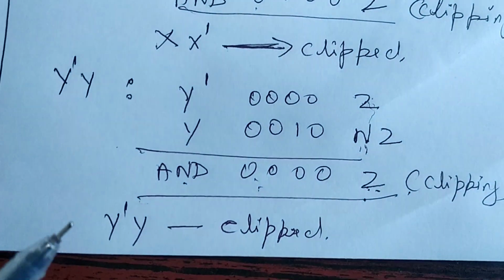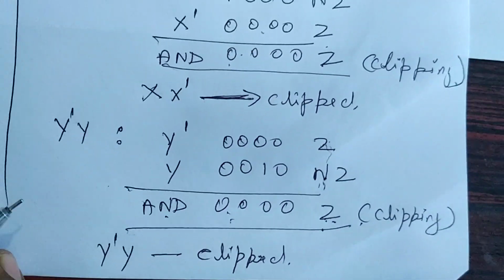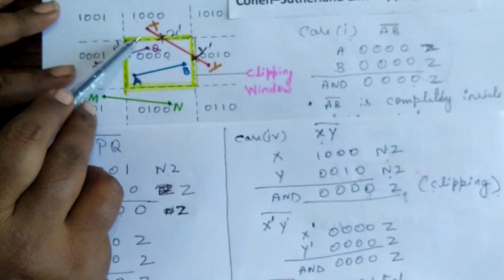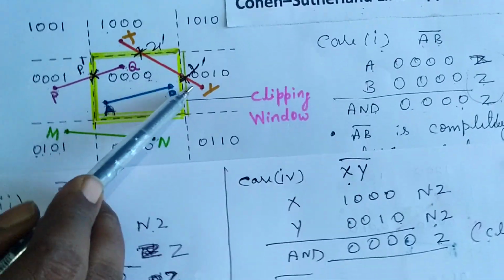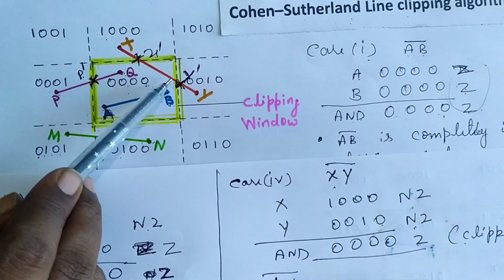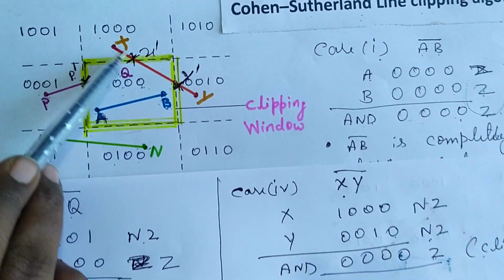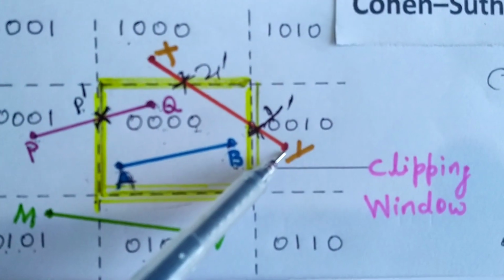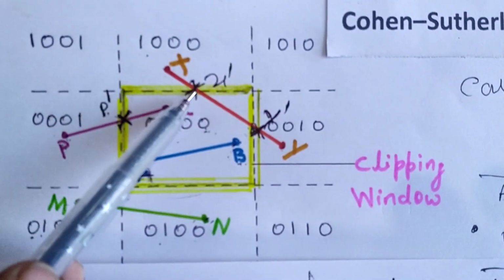So in case 4, the line segment XY, what we have done is find the intersections X dash and Y dash. After finding these, we performed the AND operation on every region code.